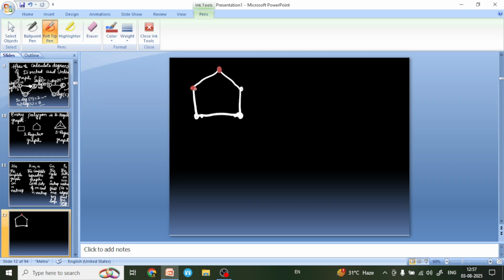This is one vertex, second vertex, third vertex, and fourth vertex, and draw these lines. Each and every vertex joins with each other by different edges. A, B, C, D, E. This is K5.